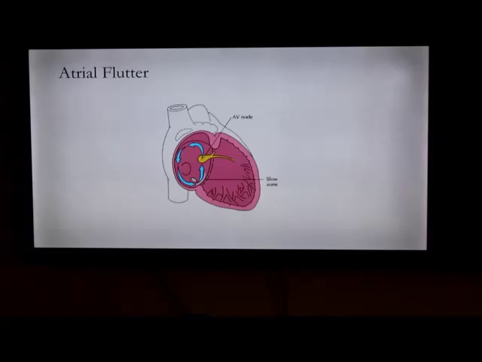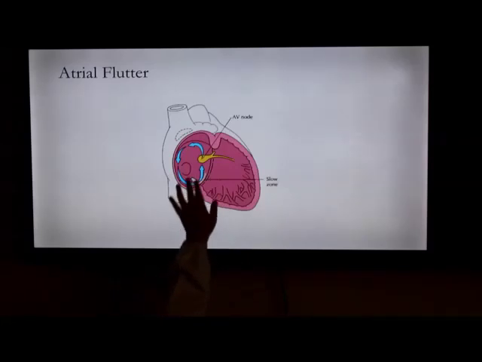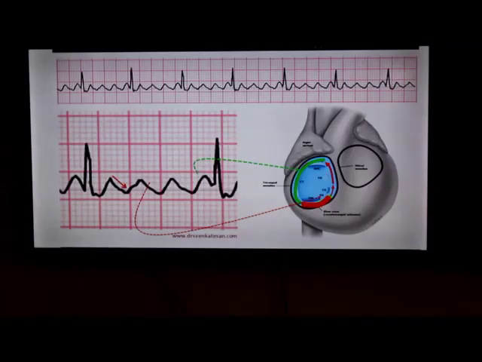Atrial flutter, as we said, is a re-entrant circuit around the tricuspid valve, and this is our slow zone of conduction velocity. Why does flutter look like this? Because the re-entrant circuit is around the tricuspid valve. Let's say we are recording from lead 2, from the foot.